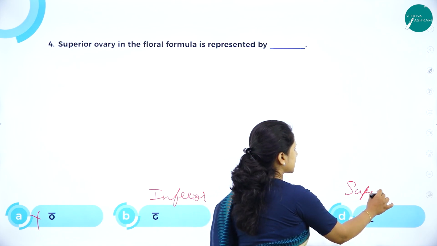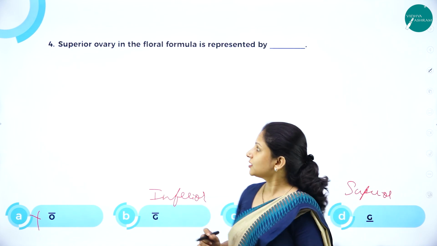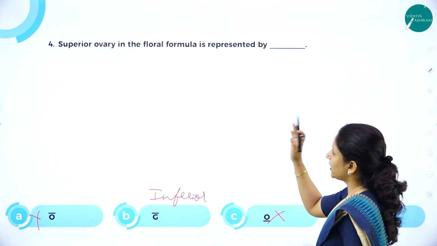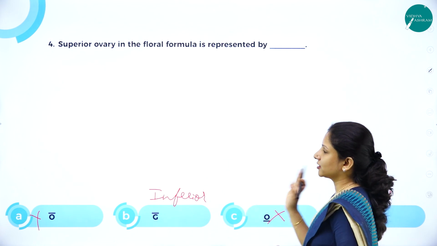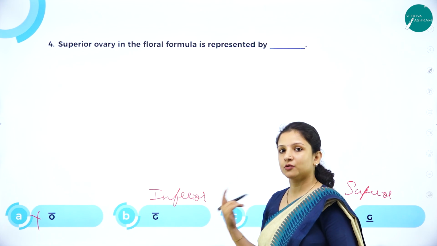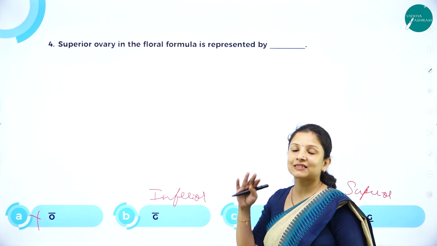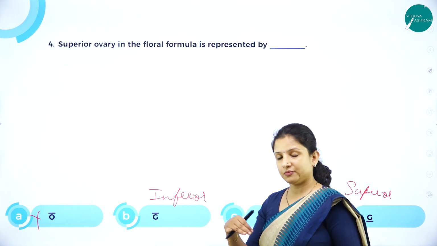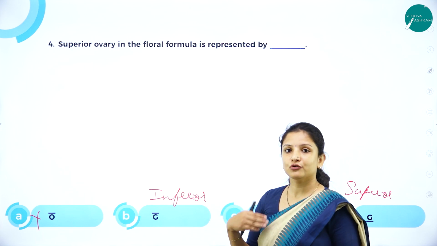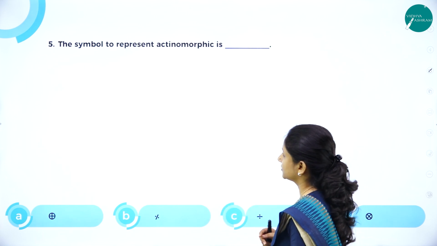Or they can change the question like this: hypogynous ovary in the floral formula is represented by, because hypogynous means superior, perigynous means semi-inferior, epigynous means inferior ovary. So based on those terms also the question can be asked.